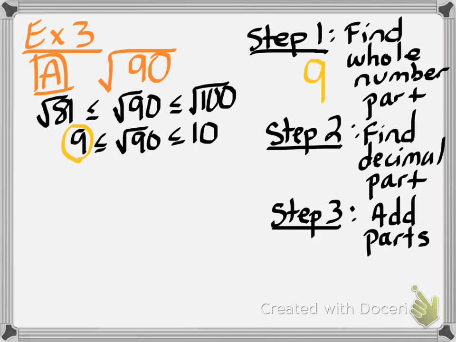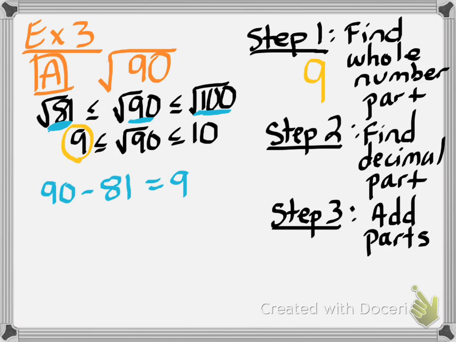Now here's the tricky part to keep in order. What you're going to do is use these numbers. You take the middle one, 90, the one you want to find, and subtract from it the smaller bound, 81. 90 minus 81 is 9.